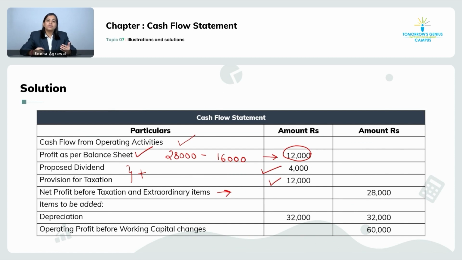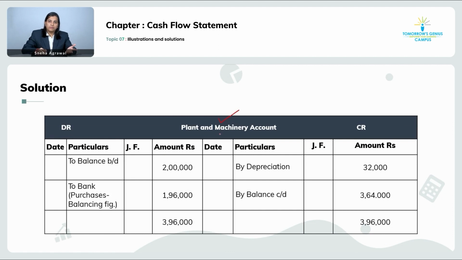Next, we have to add or deduct non-operating items and non-cash items, depending. If it is an expense, we will add it. If it is an income, we will deduct it. One thing we know, depreciation is my non-cash expense. Can I get the depreciation figure directly? It is just given that we have paid the depreciation. So plant and machinery: I have been given 2 lakh as the opening balance and 3 lakh 64 as the closing balance, and plant and machinery is my asset.